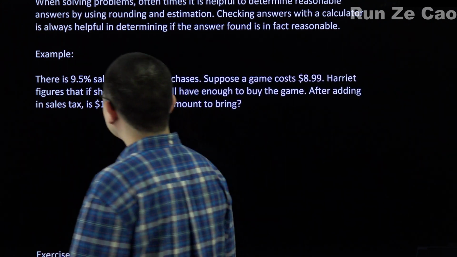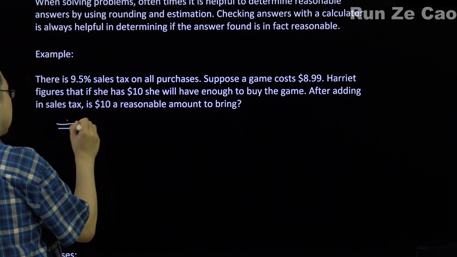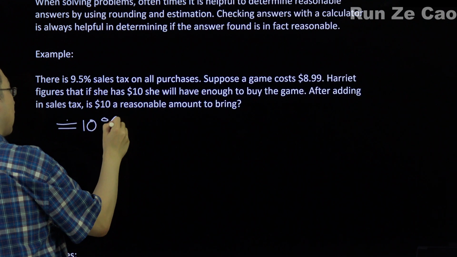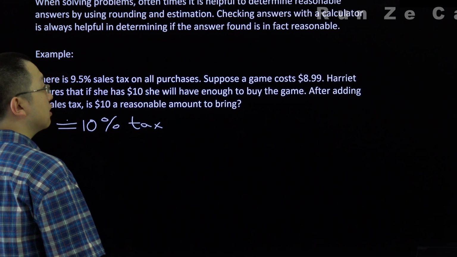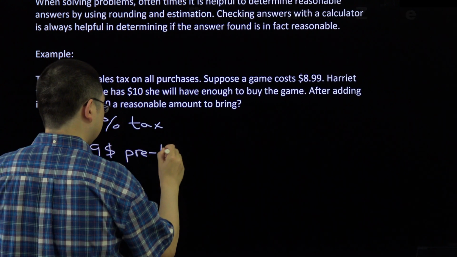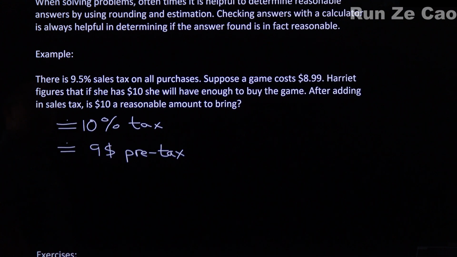There is a 9.5% sales tax on all purchases, so approximately 10% tax. Okay. Suppose a game costs $8.99, so about $9 pre-tax cost. Harriet figures that if she has $10, she'll have enough to buy the game.